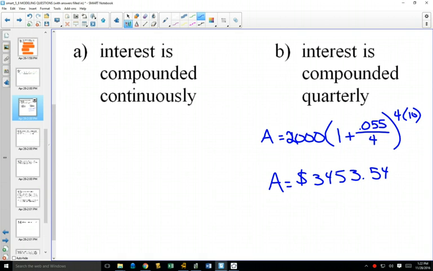Very tiny amount. But you would get something. And then you would make interest on that something. So if compounded quarterly makes $3,453, what do you expect this one to be? Okay.